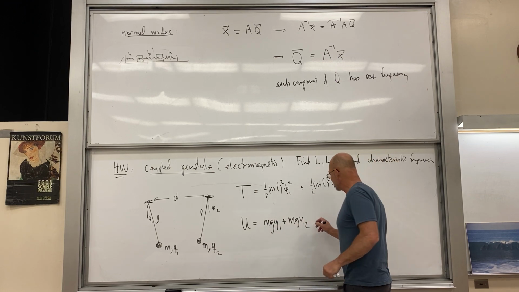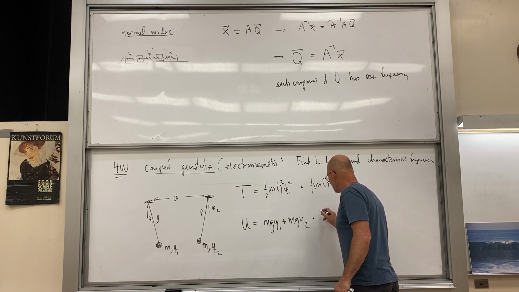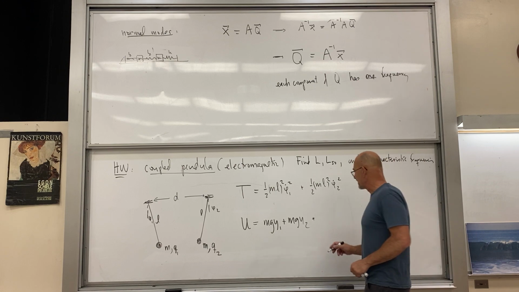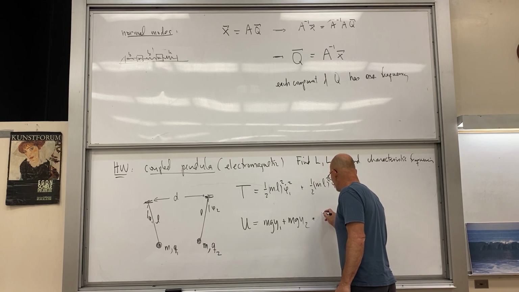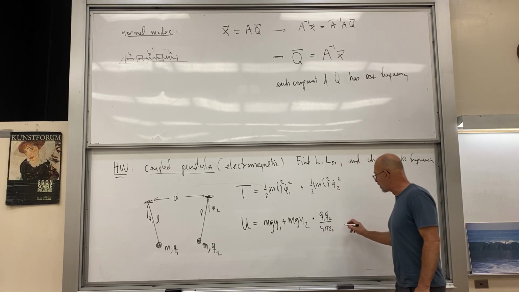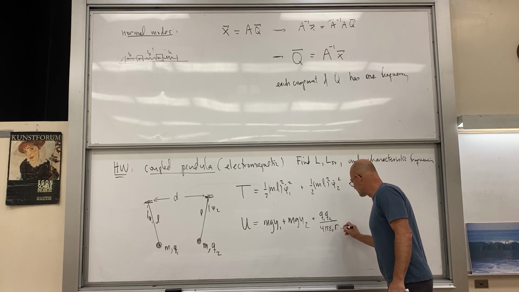But we also need plus the electromagnetic potential, and I'm just going to say plus Q1 Q2 over 4 pi epsilon naught R sub 1,2, right?